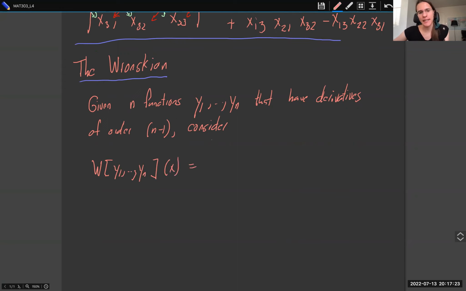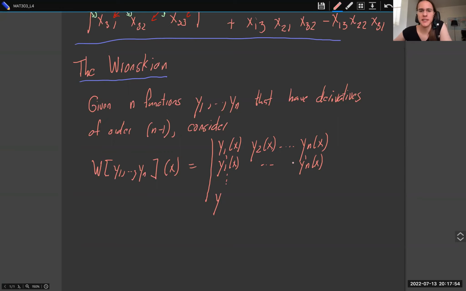And that function of x is, at every point, the determinant of y1 of x, y2 of x, up through yn of x. Then here I'm going to put the first derivative of y1 of x through to the first derivative of yn of x, all the way through to the, what derivative am I going to go up to in order to make this an n by n matrix?